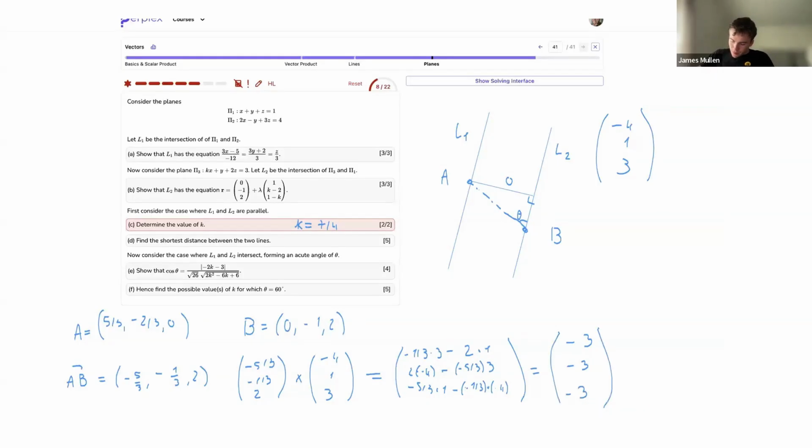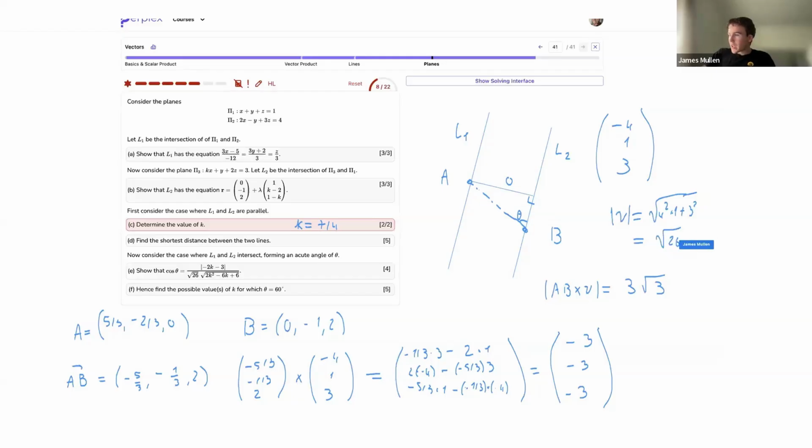And it's going to have a magnitude. So the magnitude of AB cross V is going to be equal to, I can factor out the 3, so it's 3 times the square root of 1 squared plus 1 squared plus 1 squared, which is root of 3. And finally, the magnitude of V is going to be equal to the square root of 4 squared plus 1 plus 3 squared, and that's going to give me root of 26.